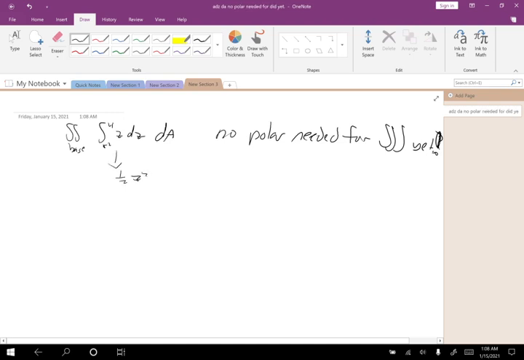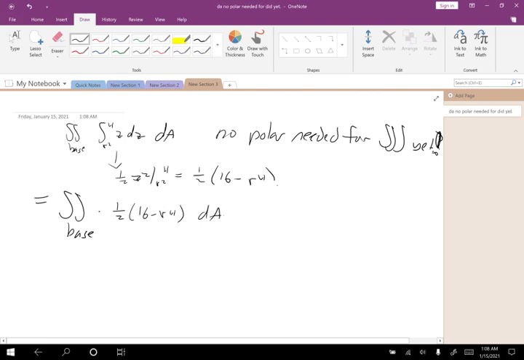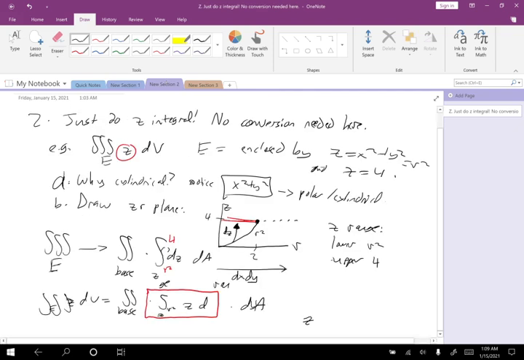This is 1/2 z squared from r squared to 4, so that's 1/2 times 16 minus r to the 4th. So now we get an integral over the base of 1/2 times 16 minus r to the 4th dA. This is now just an ordinary double integral over the base. If we go back to our little drawing, we see that the base is our r range.